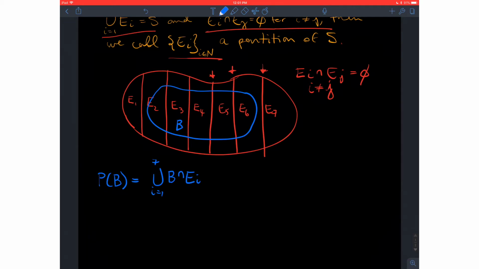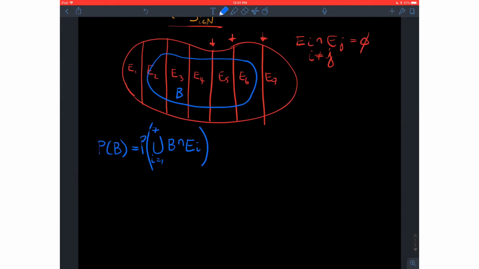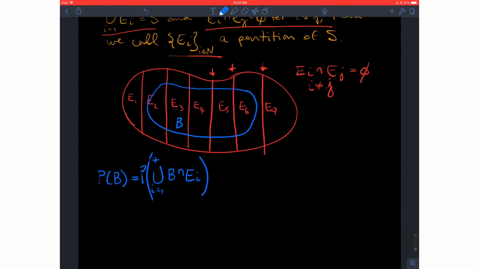So that is equal to this probability, because B is just the union of all of the different pieces that are cut up.